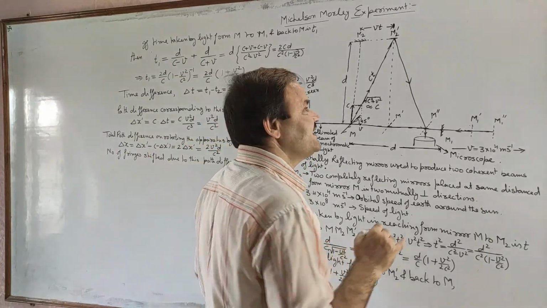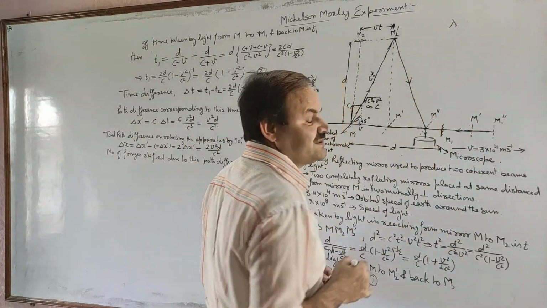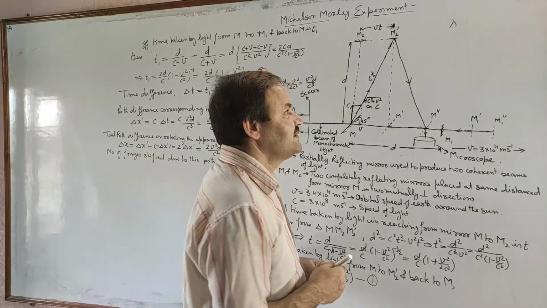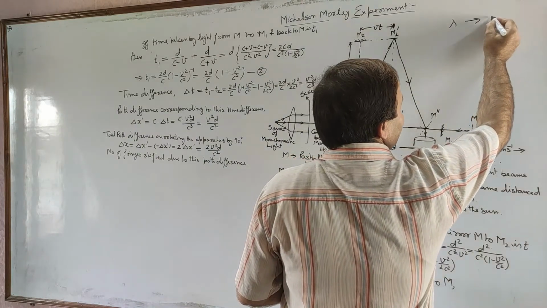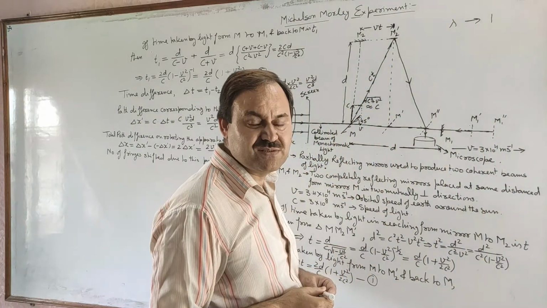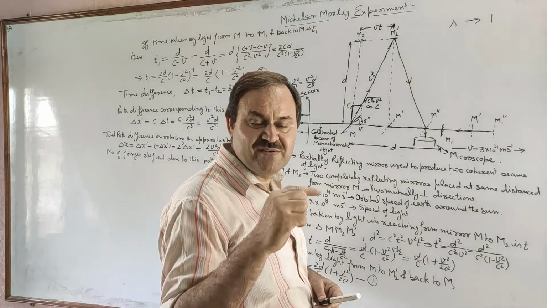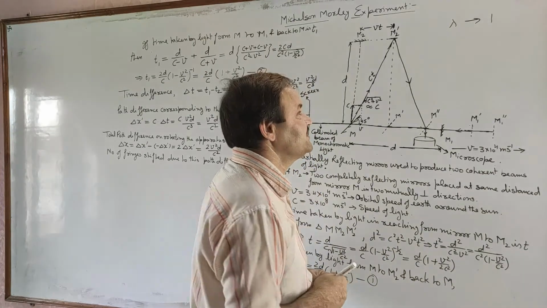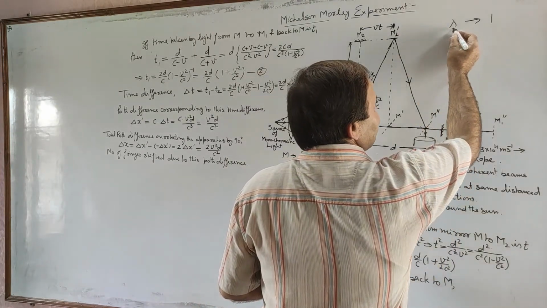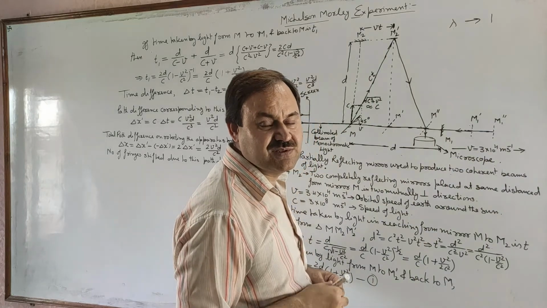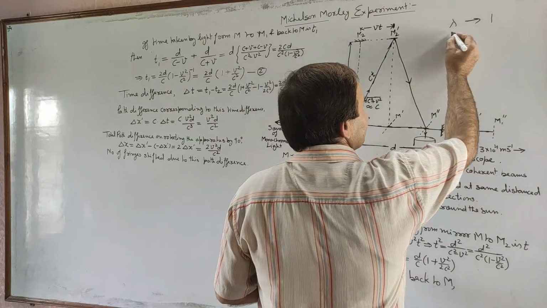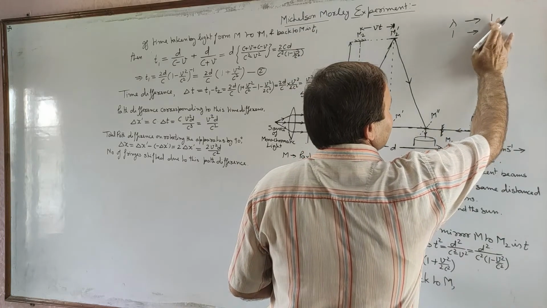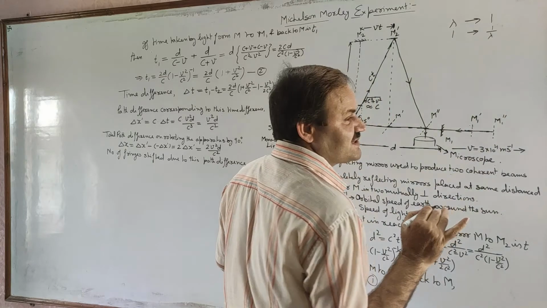If the wavelength of light is taken as lambda, then for path length lambda there will be a shift of one fringe, because one wavelength will correspond to a shift of one complete fringe. So path difference lambda will correspond to a shift of one fringe, and hence path difference 1 will correspond to a shift of 1 by lambda fringes.